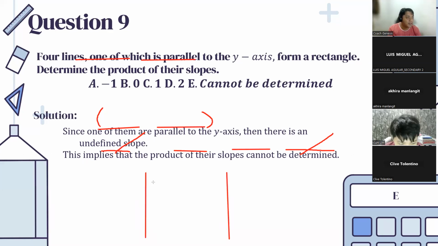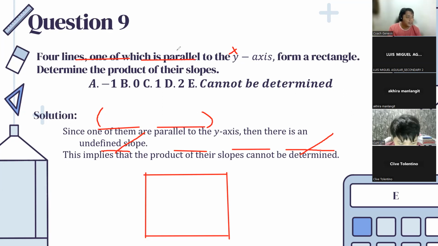The two must be parallel to the y-axis, and the other two must be parallel to the x-axis. So actually, if one of which is parallel to the x-axis, it would still be the same. It would still be undefined.